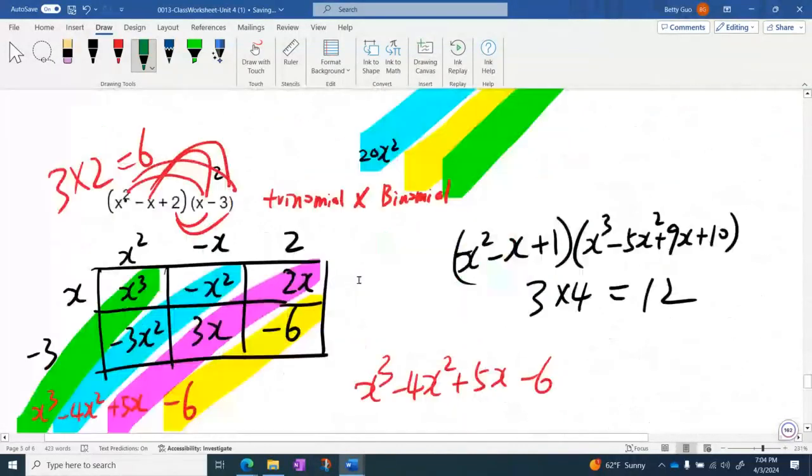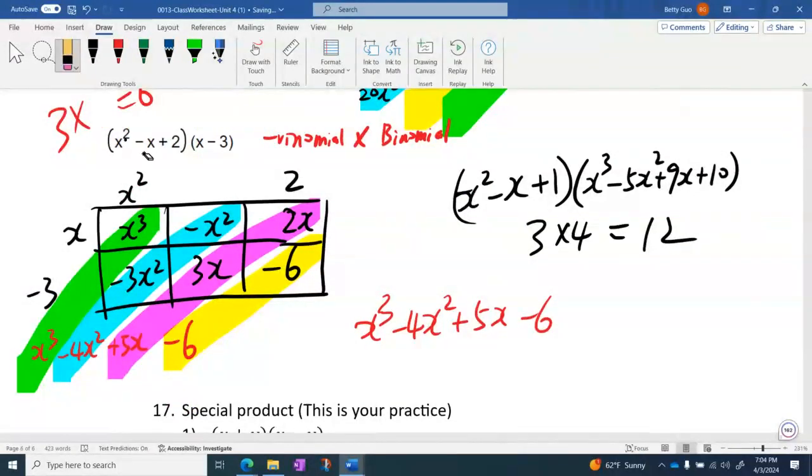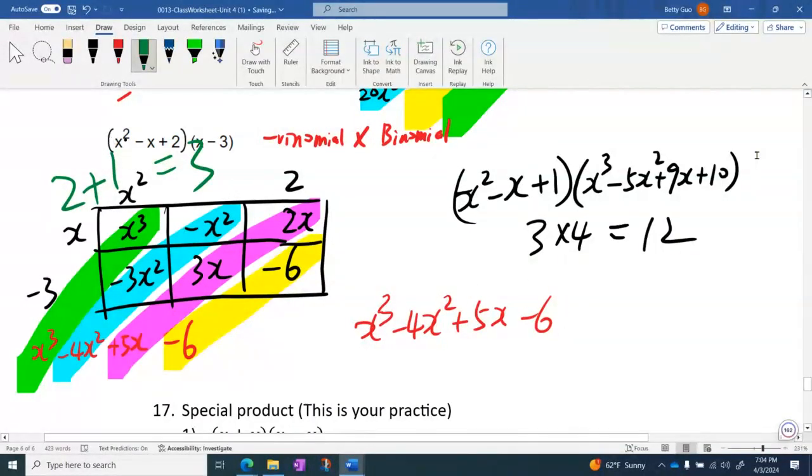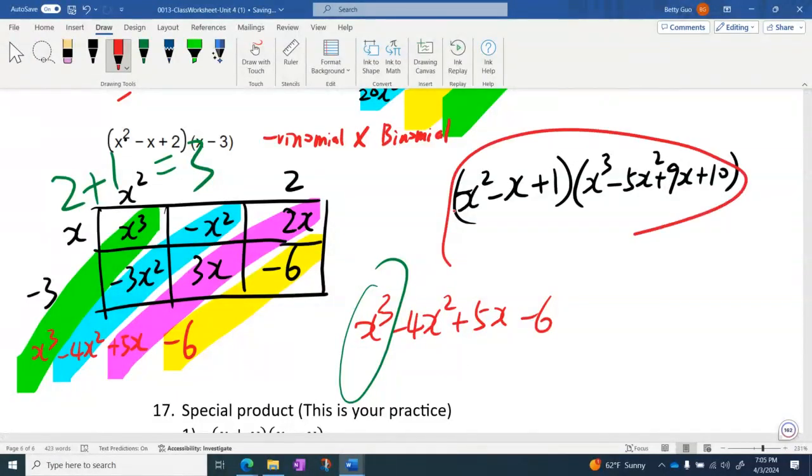And the last question, the trinomial degree is 2. The binomial has degree 1. 2 plus 1 is 3. The result must have degree 3, and it is degree 3. Do you see that? My question here is, when we multiply this one, we're looking at it here.